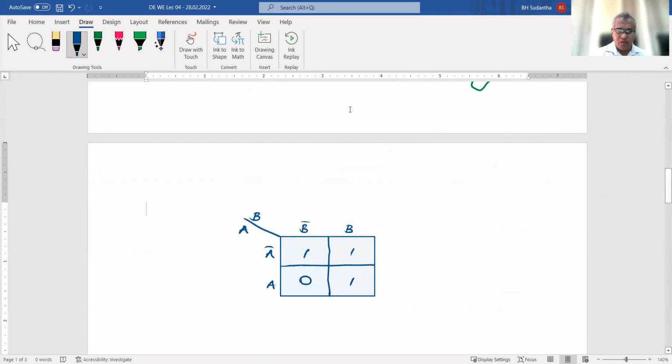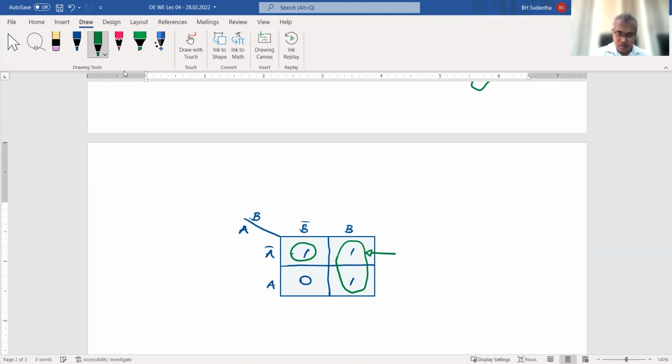But what if we do it this way? It's a vertical group. It's allowed, and we can take it alone.